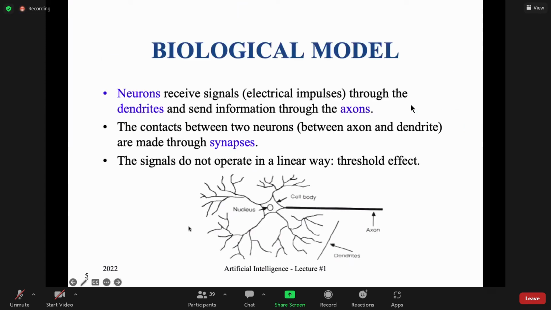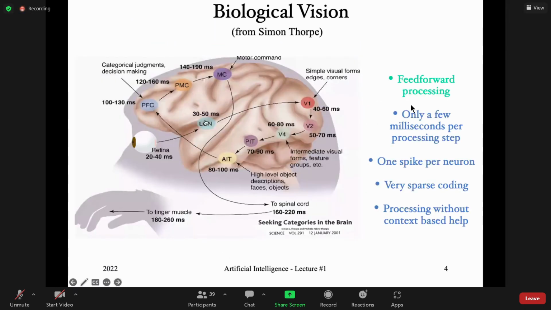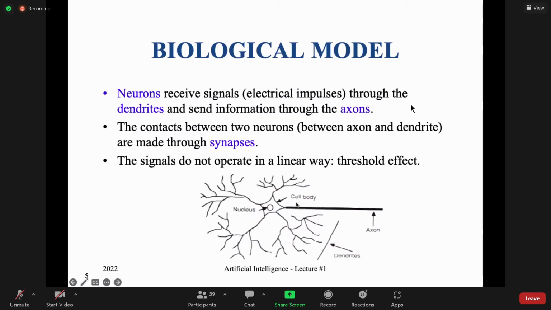The second definition is concerning the neurons. As we can see here, we have the neurons directly. The neuron is inside this one. We have a connection between each neuron. In fact, we receive electrical information. Each neuron receives different electrical signals.